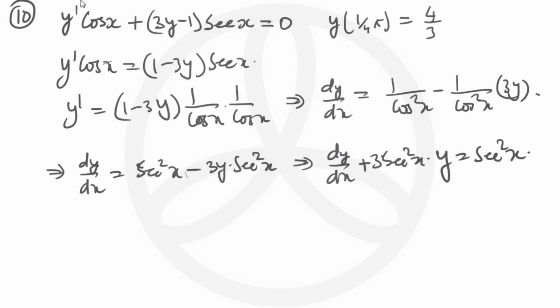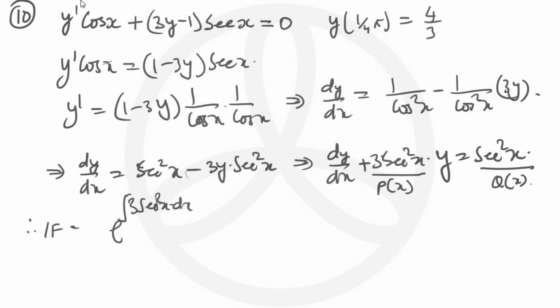Now here you can see that px is actually this portion and qx is the other. Therefore, the integrating factor in this case will be e to the power of integral of 3 secant square x dx, and this is nothing but e to the power of 3 tan x. Right.